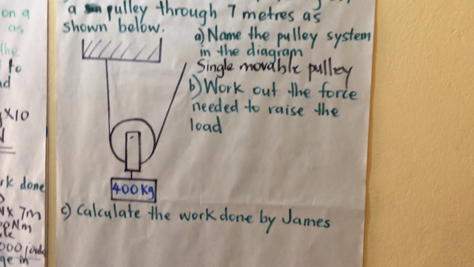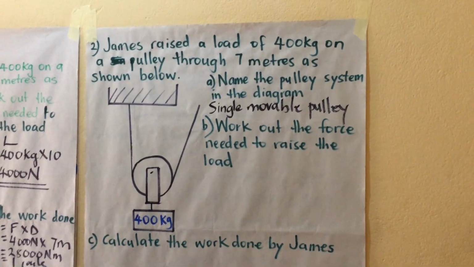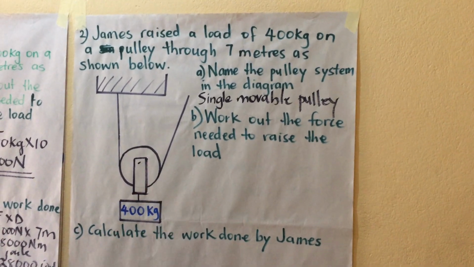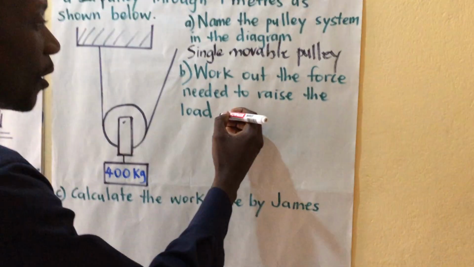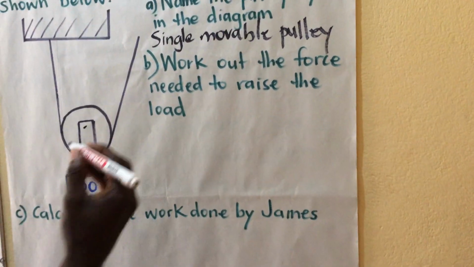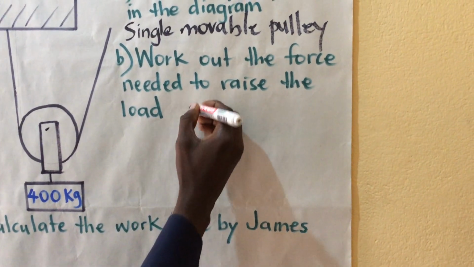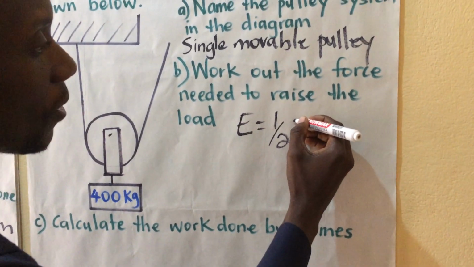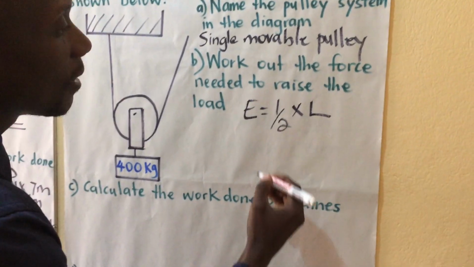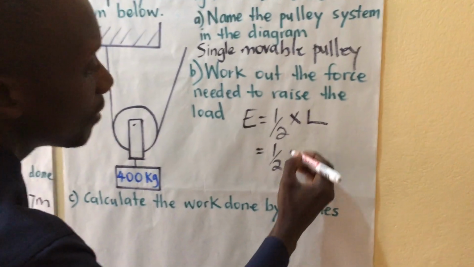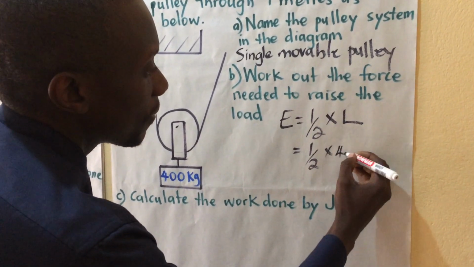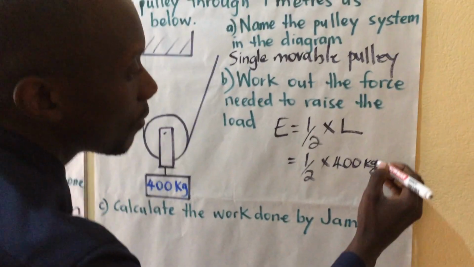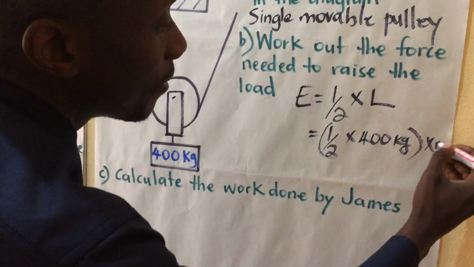Then work out the force needed to raise. So we are looking for the effort. Then when we get the effort, we shall multiply it by 10 to get the force. Earlier on we saw that effort is a half of the load, which means a half times L, which is a half times 400 kg times 10.